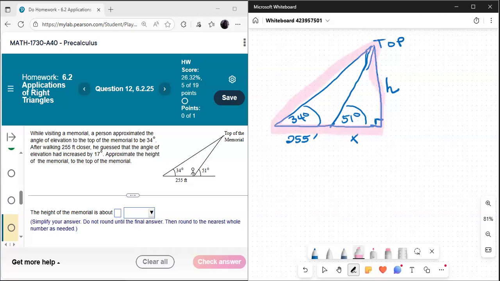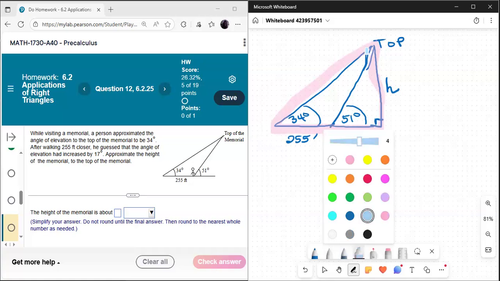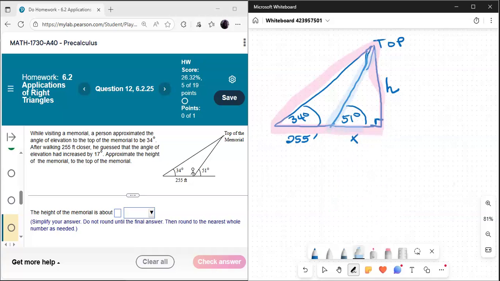We need to solve for H. It looks like I've got two right triangles that I can solve. I have the larger one, but I also have a smaller one. So we have these two triangles to help us solve for H.